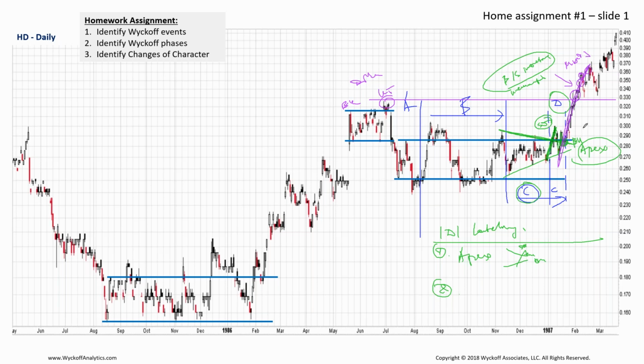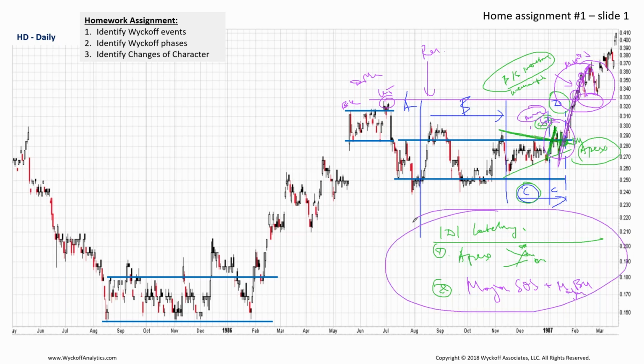This is a really good commitment to the upside. It spends some time in there and then reacts exactly to the area of the support that acted before as the resistance. So we could see a major sign of strength with the major backing up action, and then we would identify this as a minor sign of strength.